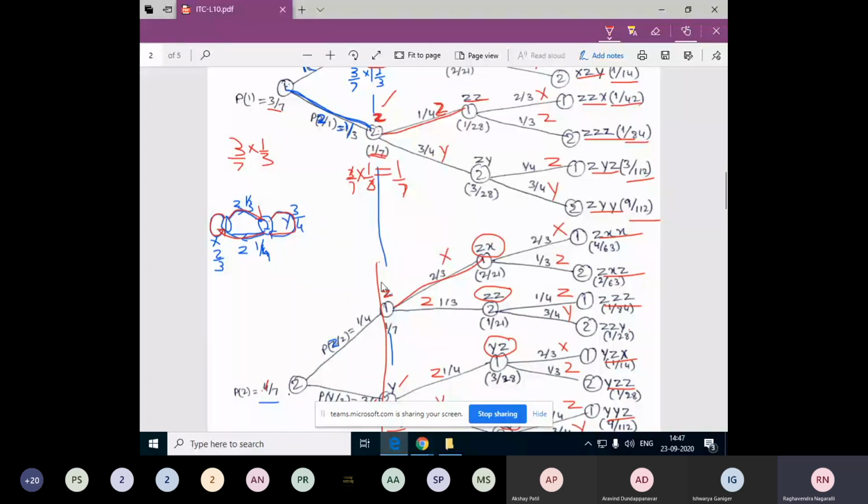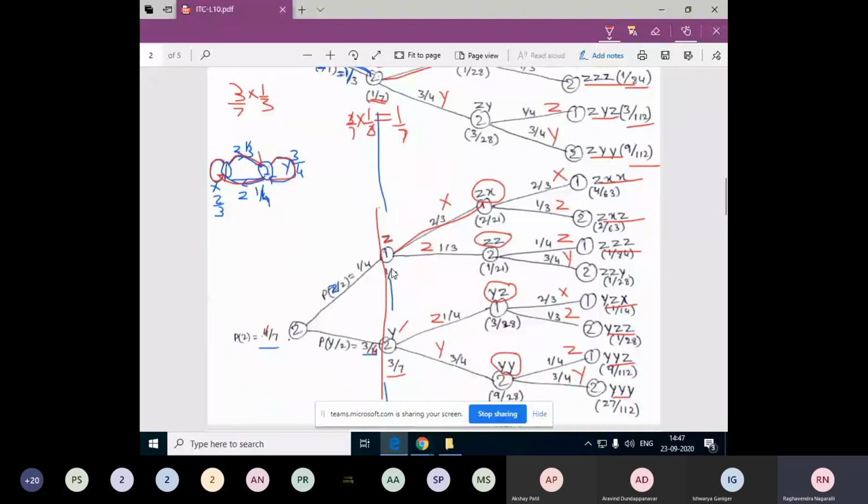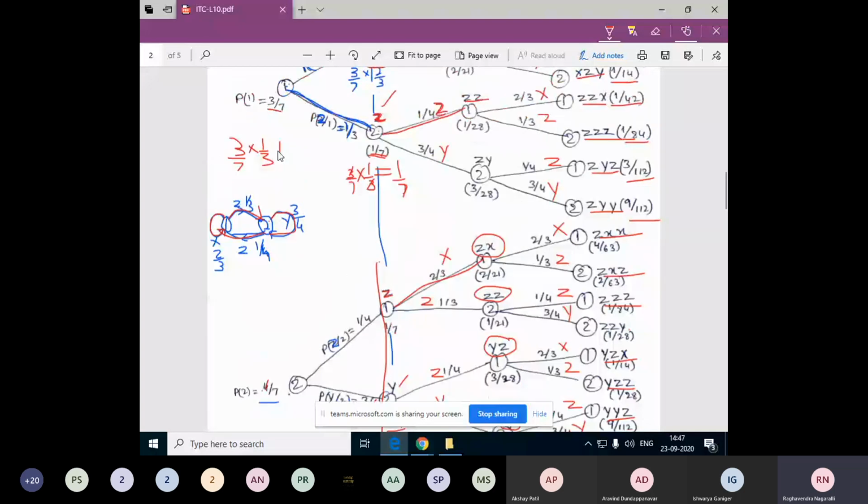And one more Z we have here, and we add it to get the final probability of Z emission. It is 4 by 7, the state probability, into the transition probability 1 by 4.